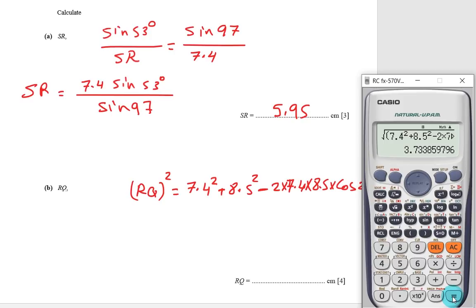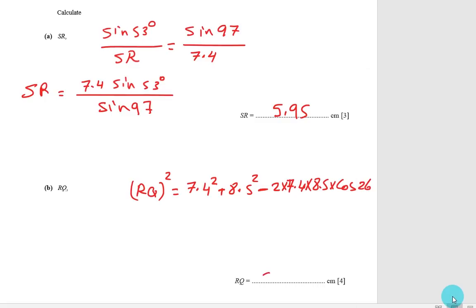So this length is 3.73 centimeters. Okay, so sine rule in the first part of the question and the cosine rule in the second part of the question.